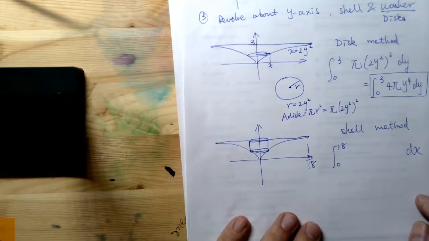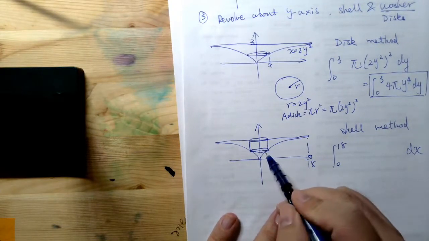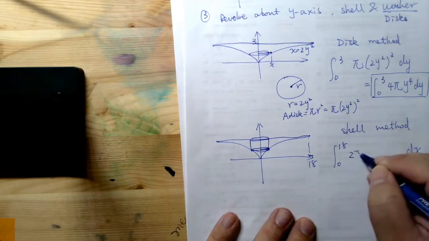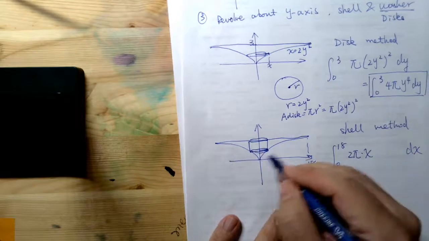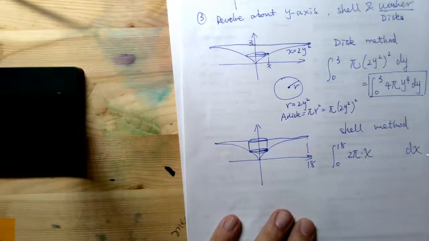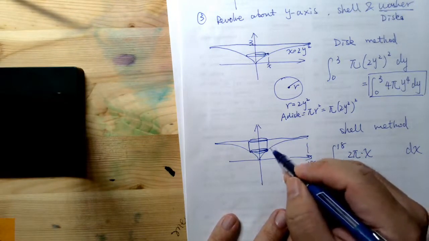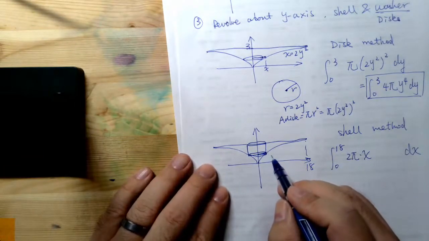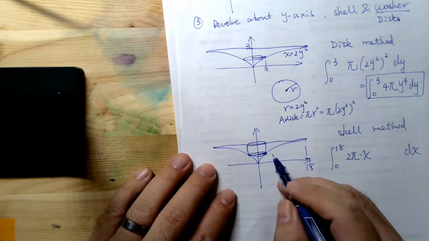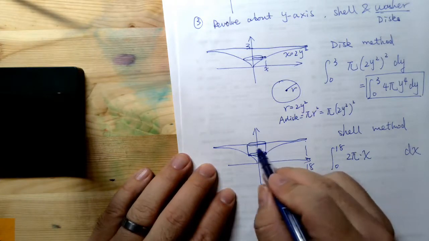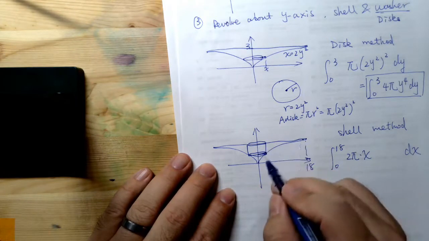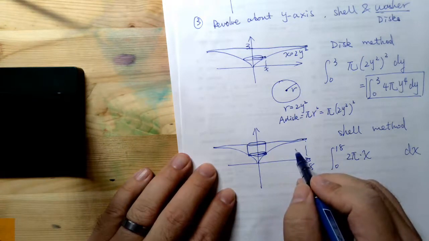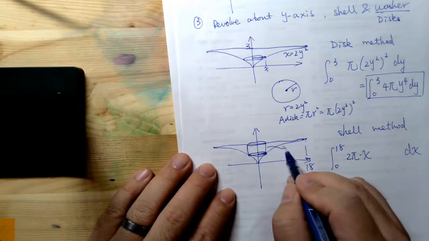As long as you know the height and the radius, which is just x, it's 2 pi times x that gives us the circumference, and then times the height. The height, guys, as you can see in this problem, can be the difference between y equals 3 and x equals 2y squared. So that's going to be the height.